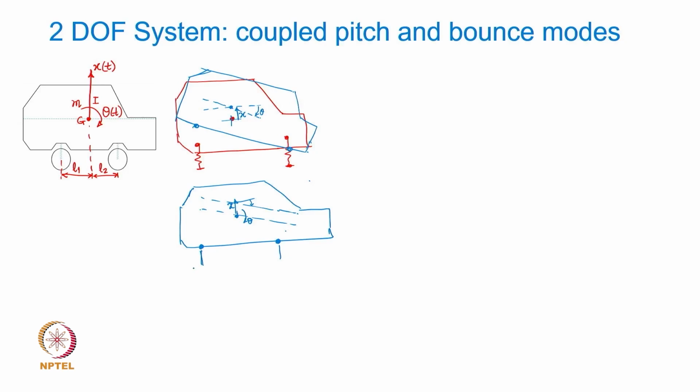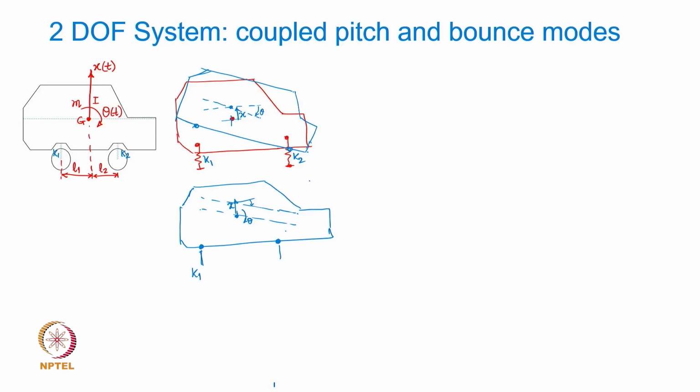So if I call this spring or suspension stiffness K1 and this K2, so this is your K1 spring stiffness and K2. And so the force which is going to act at this point, for a positive displacement x and positive pitch angle theta motion, what is going to be the restoring force?